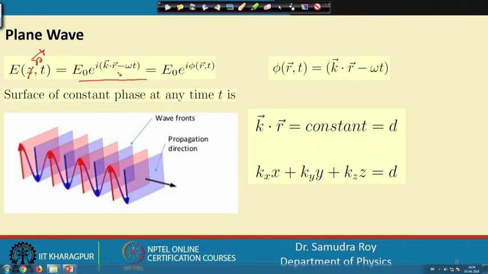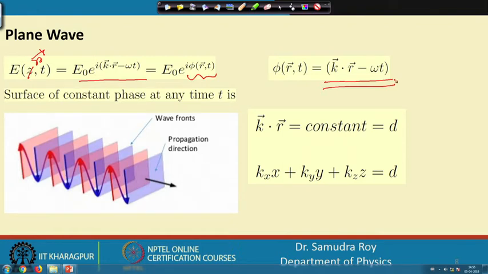So, for the one dimensional solution we wrote k z minus omega t, but here we replace it with k dot r minus omega t. Now this is a phase term phi(r, t), which is nothing but k dot r minus omega t. So, what is the meaning of plane here?